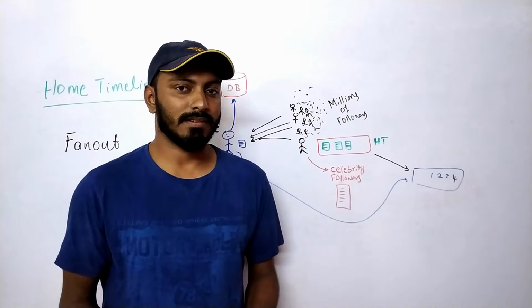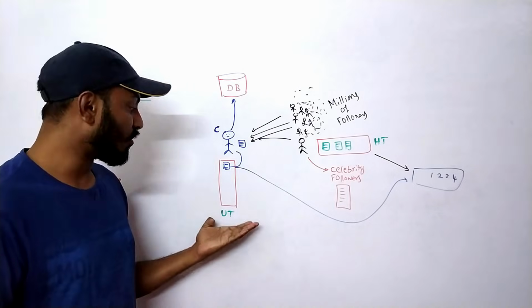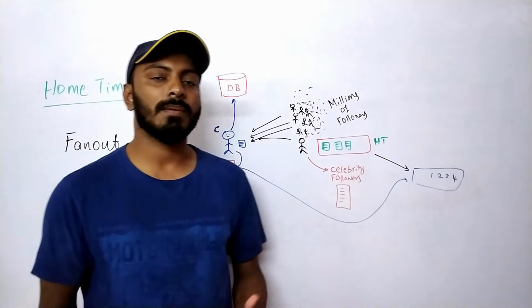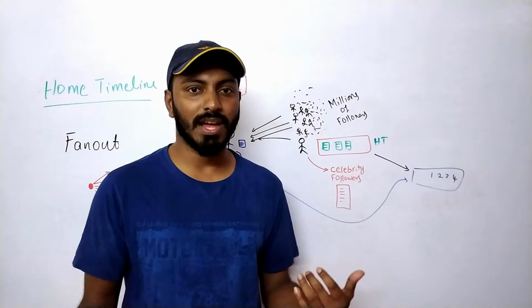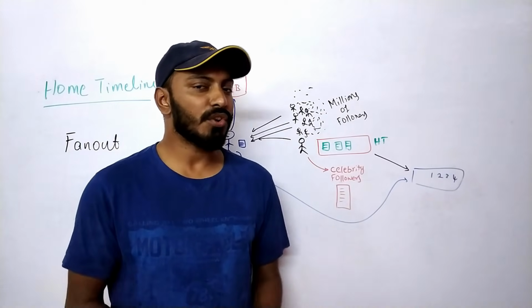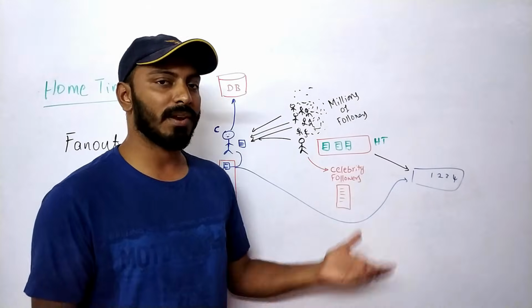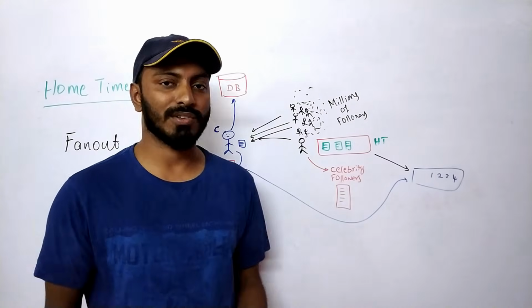It's unnecessary, right? Because we are simply calculating the home timeline and user timeline for people who haven't logged into Twitter for more than 15 days. That means we don't need to compute the home timeline for that person. We save a lot of memory in Redis and a lot of computation also.